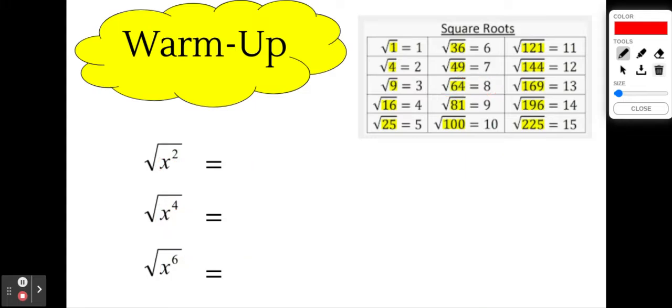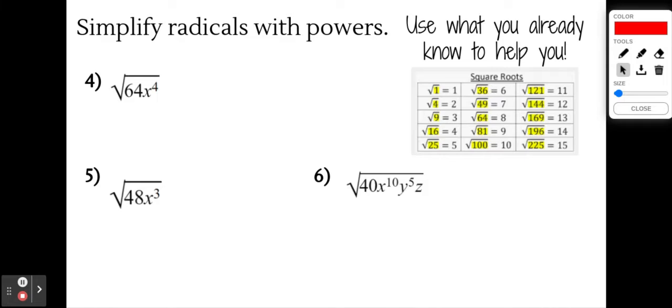Okay, so let's take a look at a couple examples where we're going to be using a radical that has variables in it. We're going to be simplifying, and then we'll take a look at one where we're multiplying. So for this first one, we've got the square root of 64 times x to the fourth. Well, if we were to break this up, it's pretty easy because the square root of 64 is a perfect square.